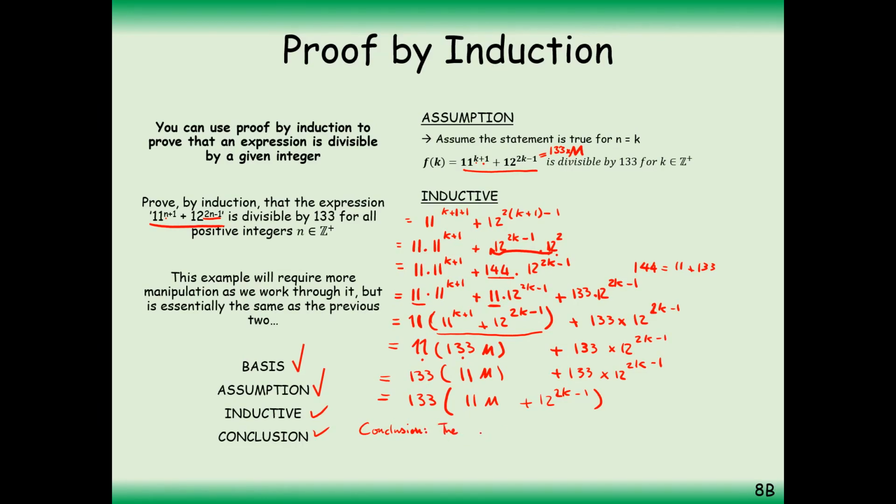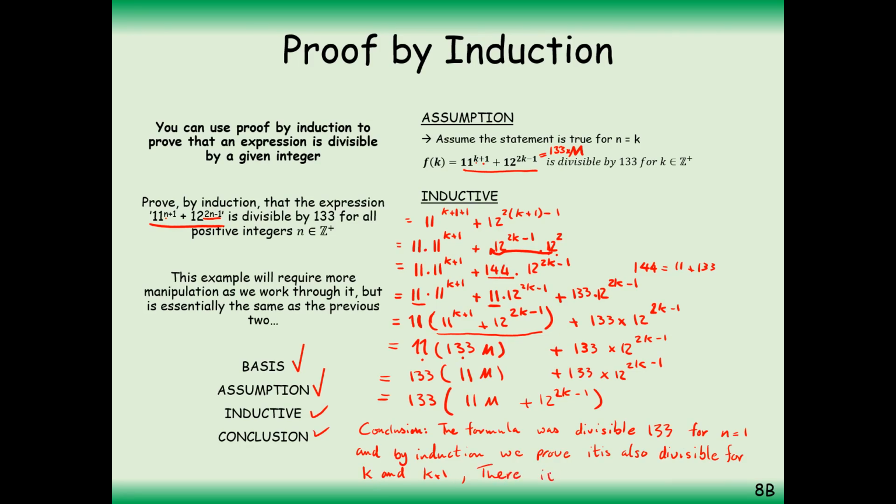You say the formula held for n equals 1. The formula was divisible by 133 for n equals 1, and by induction we proved that it also holds, it is also divisible for k and k plus 1. It holds for all positive integers.